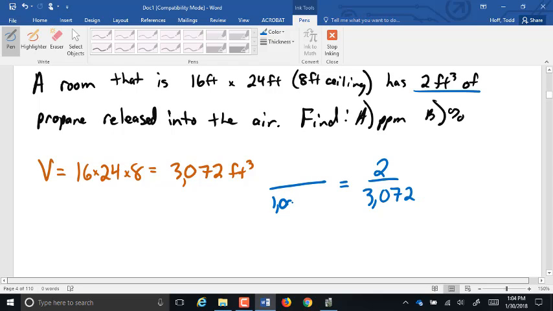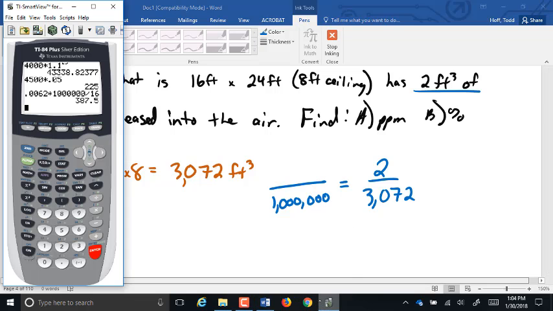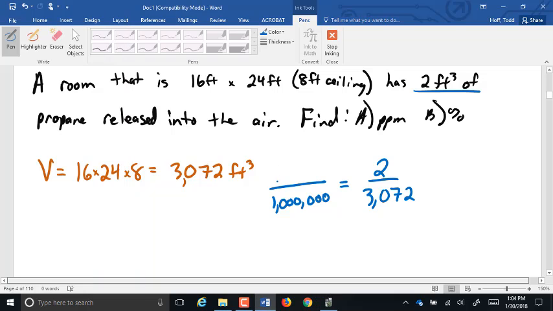Parts per million. Of course, that would be out of a million. That ends up being 651 parts per million.